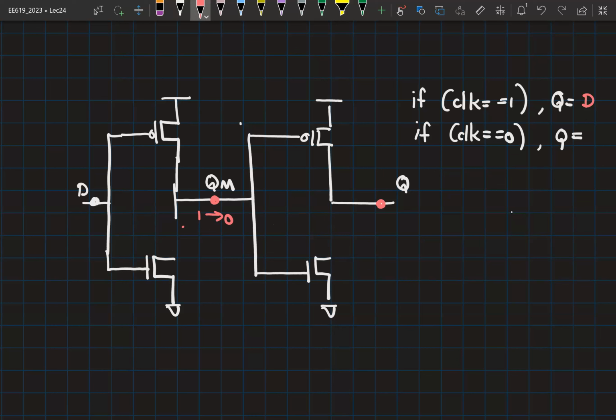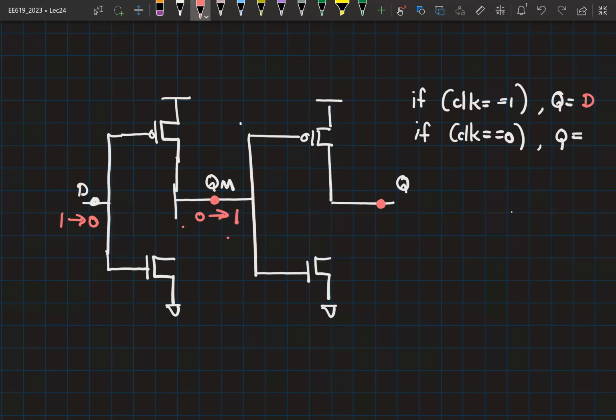If QM has to go from 1 to 0, what should be D? This is 0 to 1. Okay. Oh, no. So QM can go from 0 to 1. This can go from 1 to 0.